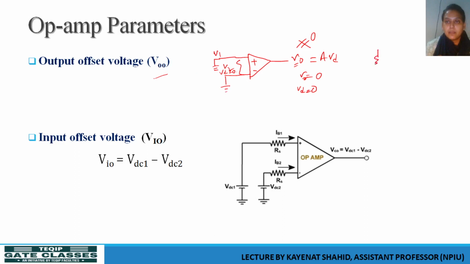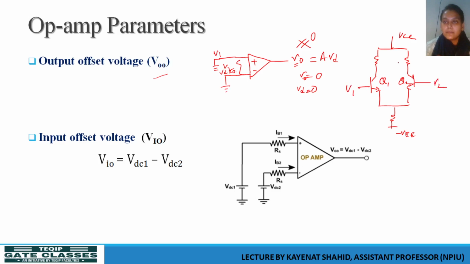If you remember the circuitry that we have already discussed, the operational amplifier is nothing but a differential coupled amplifier. So this was minus VEE, this is VCC. These are two transistors Q1 and Q2. Let's assume this is V2, this is V1.